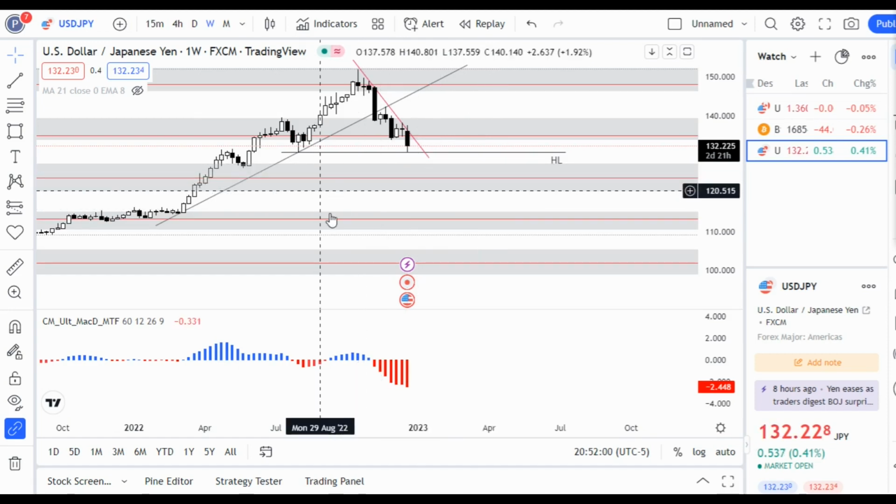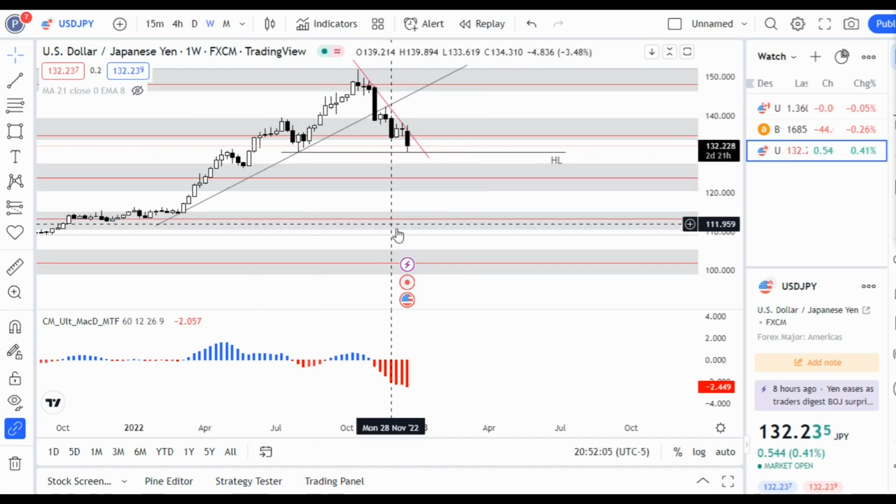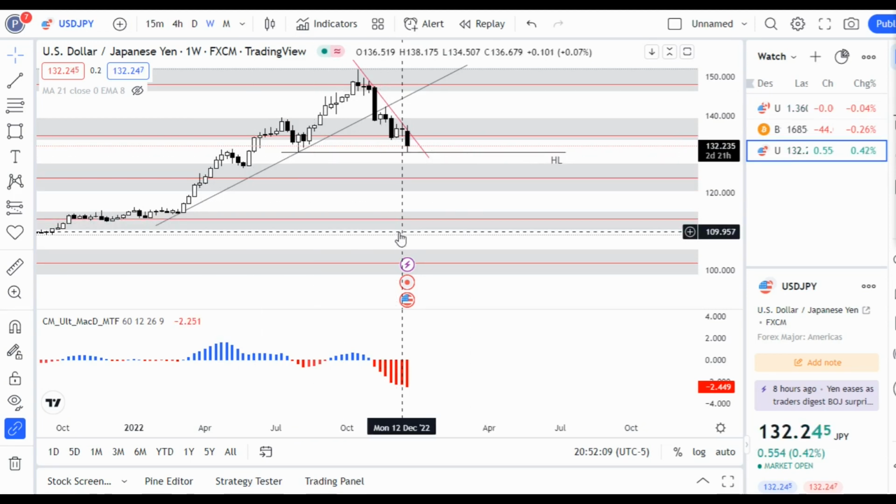So we are looking at the weekly time frame, and as you see, guys, if you haven't watched our previous videos on how to draw support and resistance levels, please go back and check them on how to draw accurate support and resistance levels. We also have a video on how to draw trend lines, and how to identify the higher highs, the higher lows, the lower highs and the lower lows.